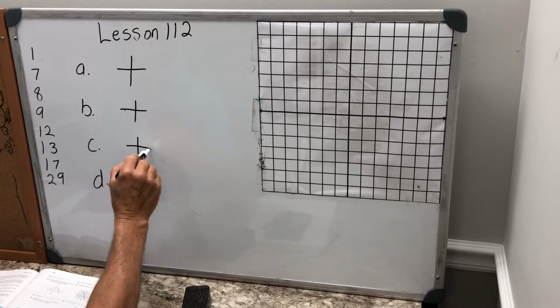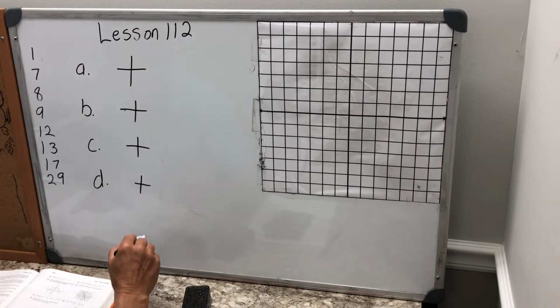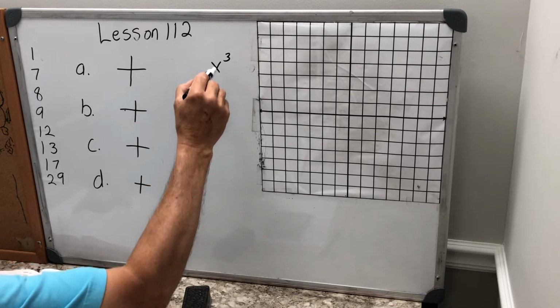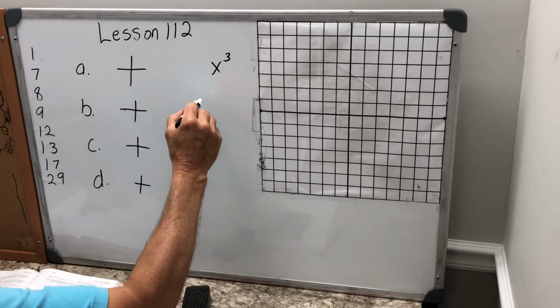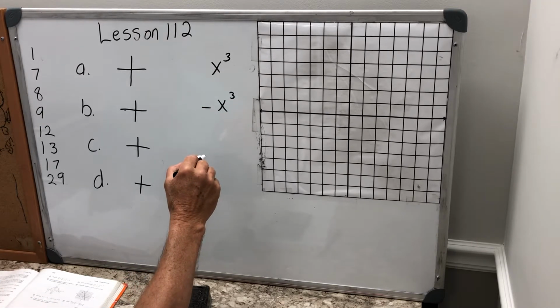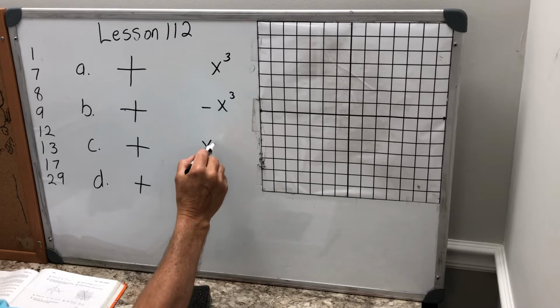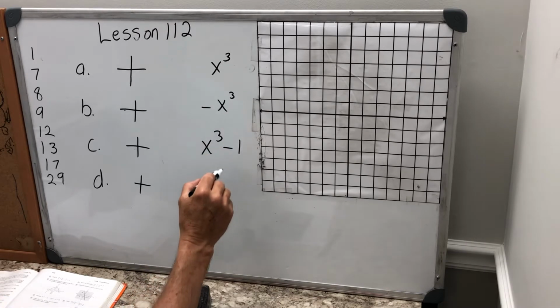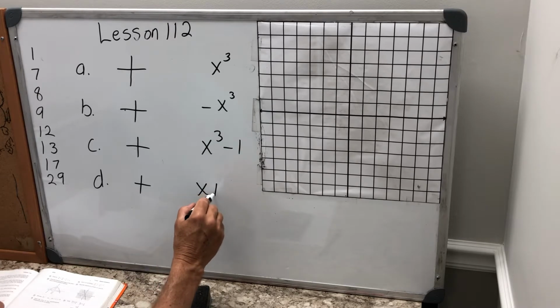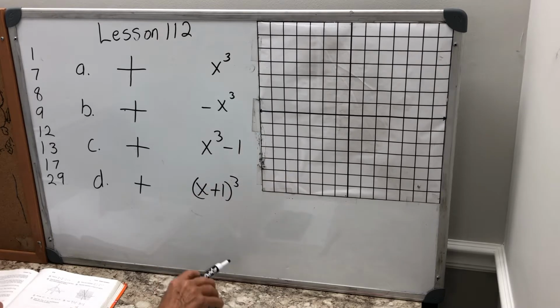So for A it's an x cubed, for B it's a negative x cubed, for C it's an x cubed minus 1, and for D it's going to be an x plus 1 cubed.